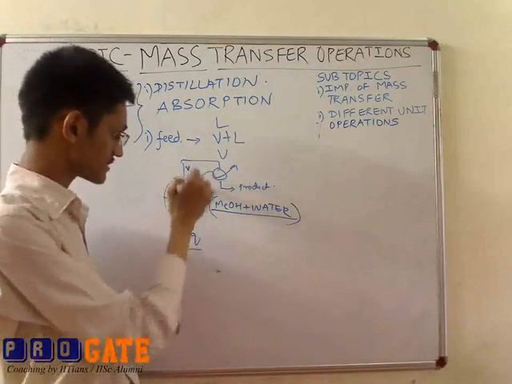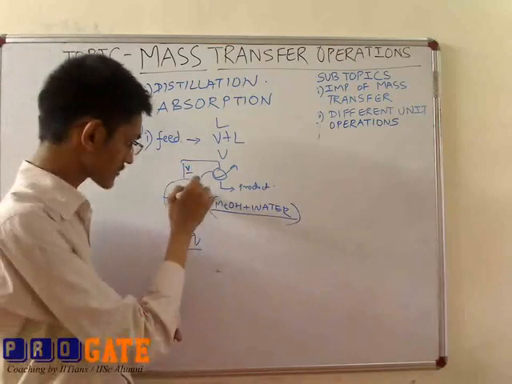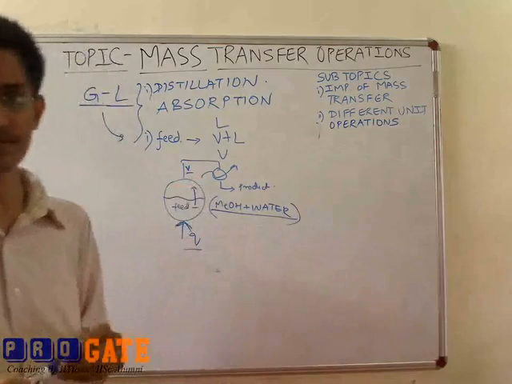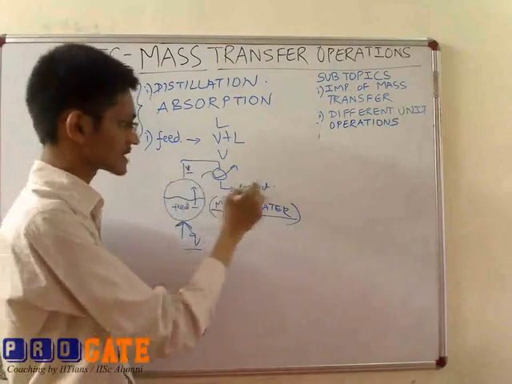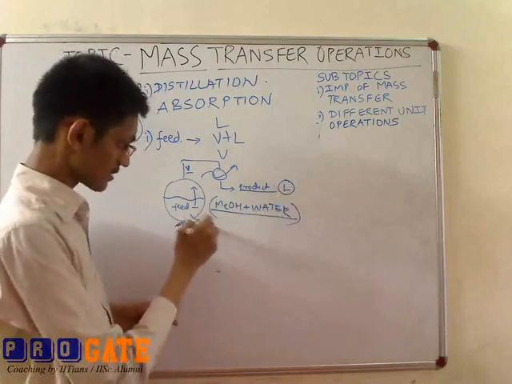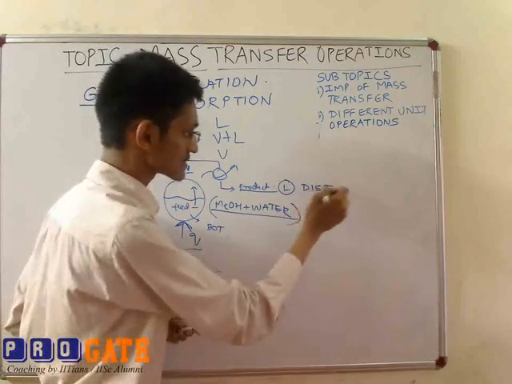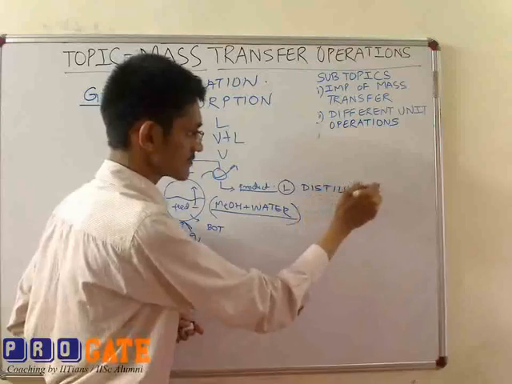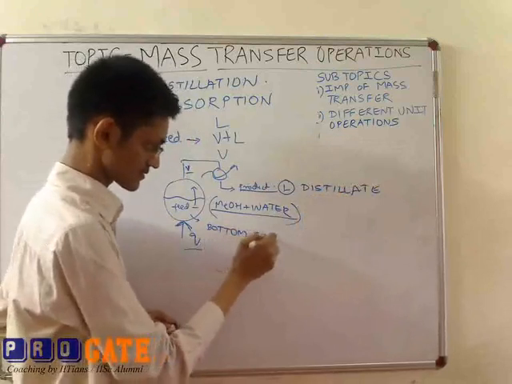This vapor and the feed differ in the compositions. So there is mass transfer involved from the feed to the vapor phase, and hence on condensation we get the liquid product. So this liquid product we call the distillate. This is the bottom product.